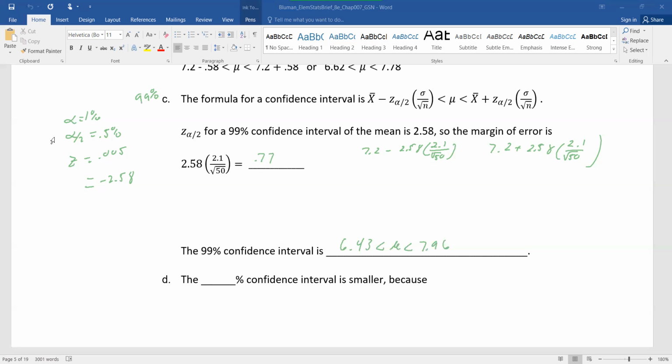Wider. So the bigger your confidence level, the wider your interval is.